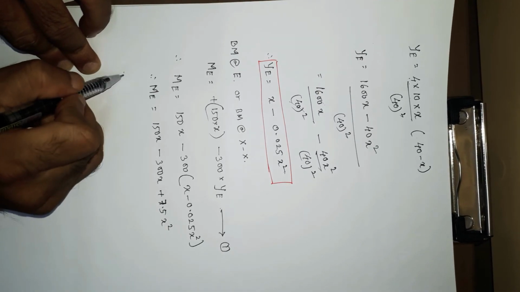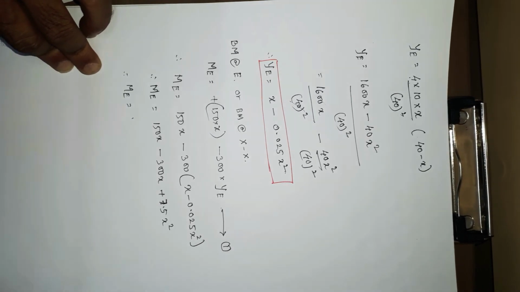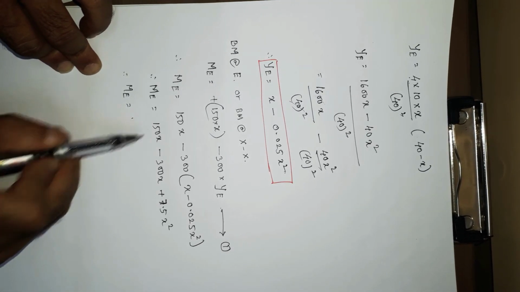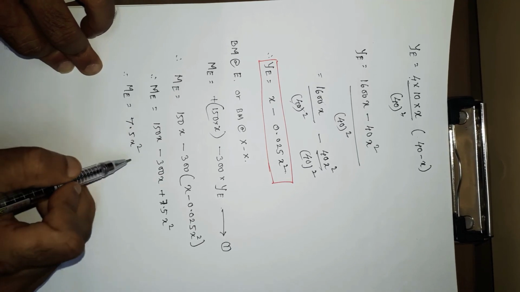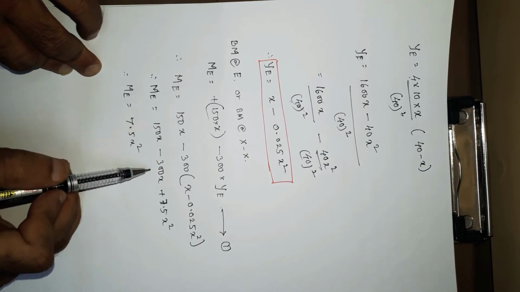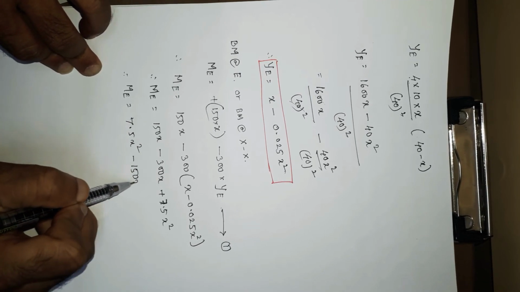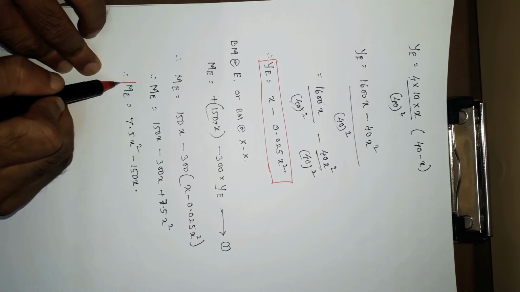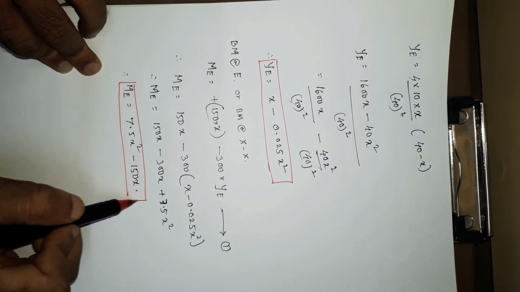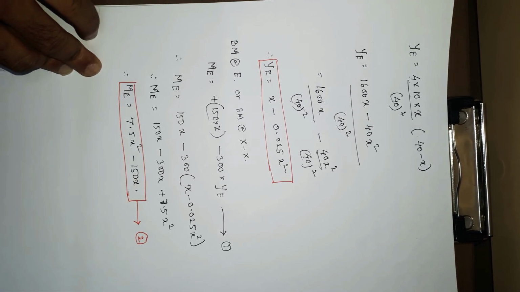Or bending moment at E is equal to 7.5 x square, then plus 150x minus 300x, which is minus 150x. Write this as equation number 2. This is the bending moment equation at point E.